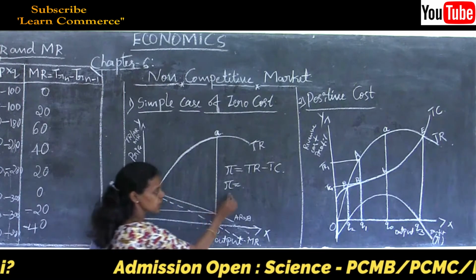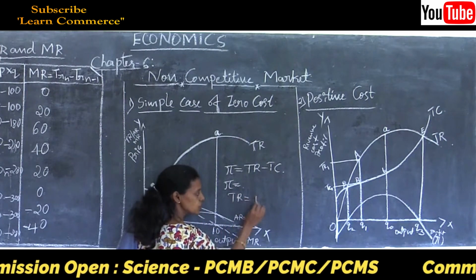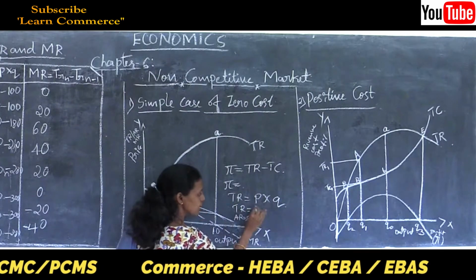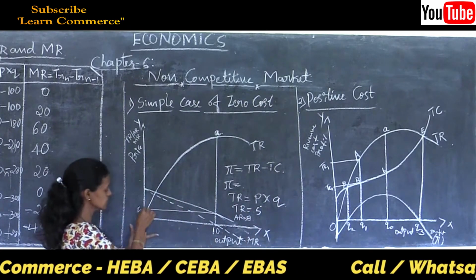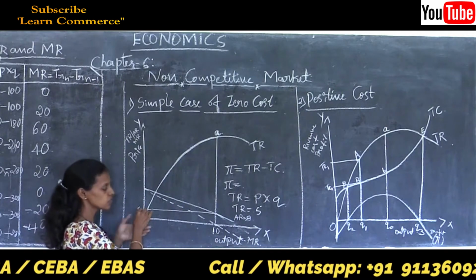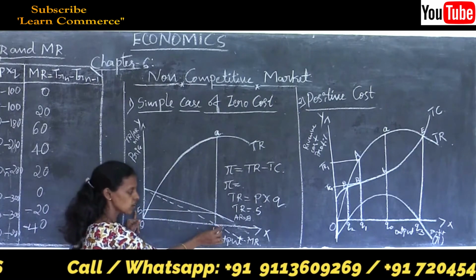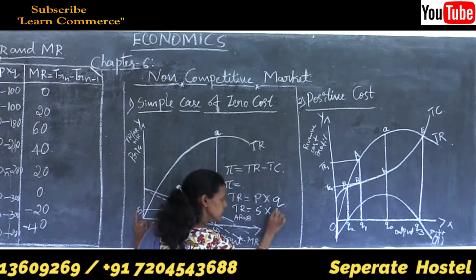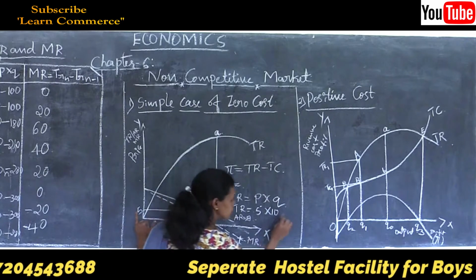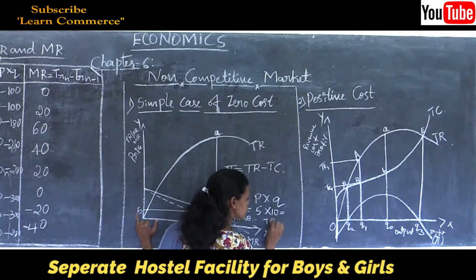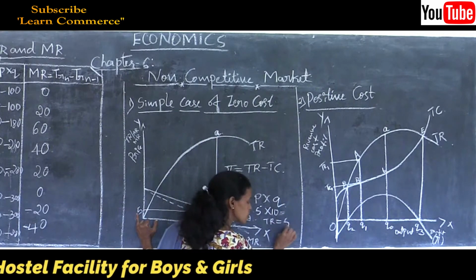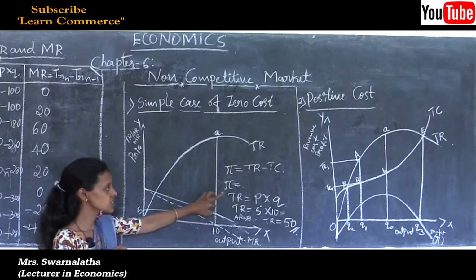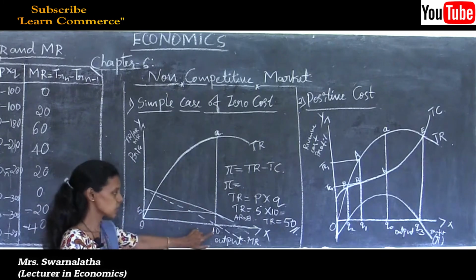Price is rupees 5, so total revenue is equal to price into quantity. For the 5 rupees, 10 units of output are sold. Thus 5 into 10, that is 50. Total revenue of the monopoly firm is rupees 50. Thus total revenue minus total cost.